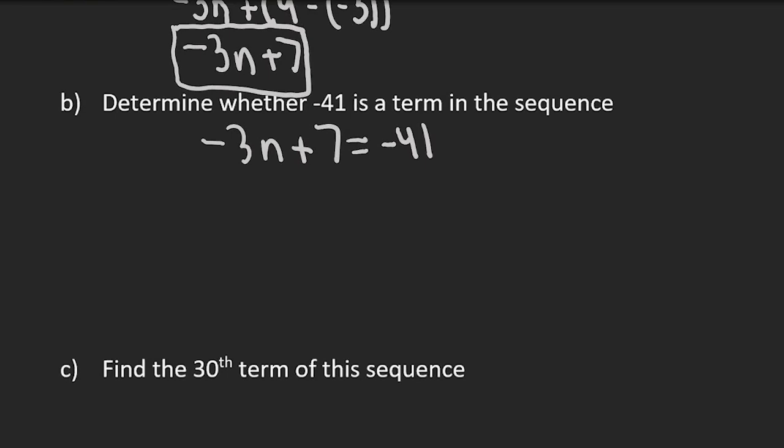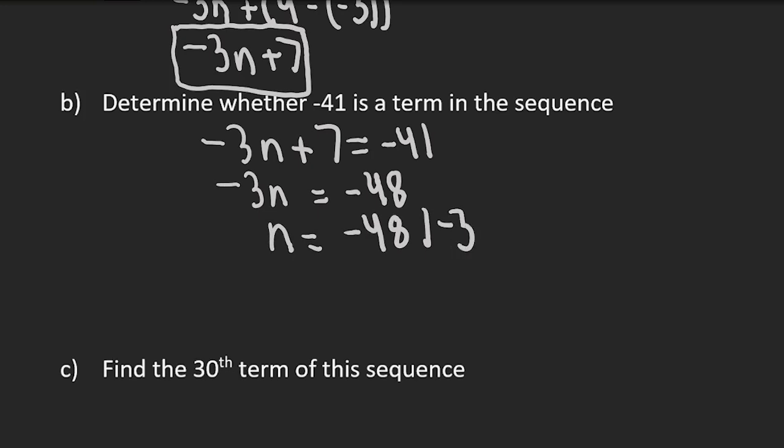We would subtract 7 from both sides, giving us minus 3n equals negative 48. Then we would divide both sides by negative 3. So n equals negative 48 over negative 3, which equals 16. So yes, negative 41 is a term in the sequence because 16 is a whole positive integer.